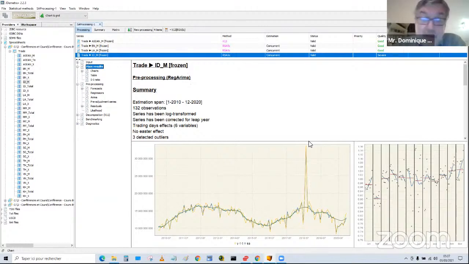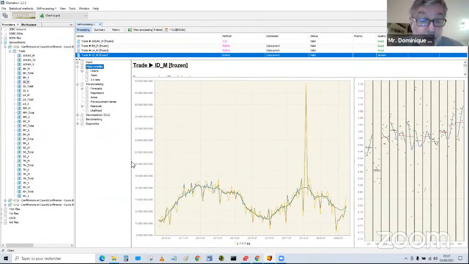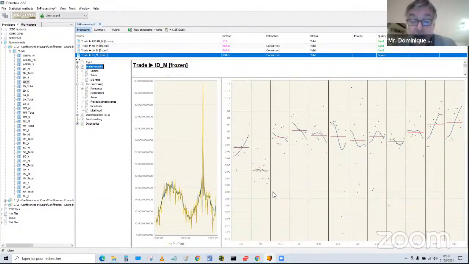So let me, because I'm on this series, try to comment on it. It's a multiplicative model, as you can see on the left. The series is much more erratic, basically, okay? You can see all the dots that can be very far from the average.